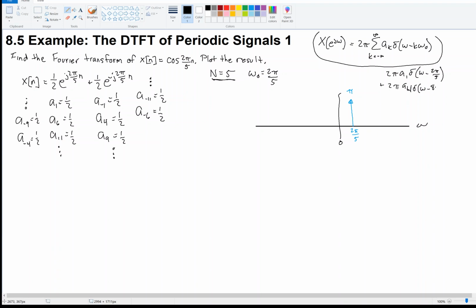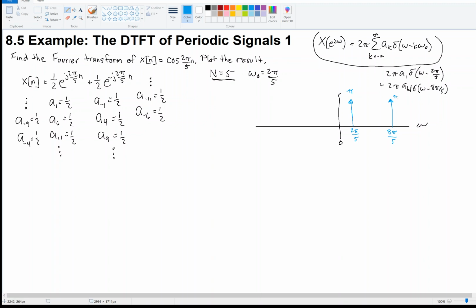So this is 8 pi over 5. So we're going to plot that. So maybe this is 8 pi over 5. Scaled by 2 pi times A4, so that is pi.